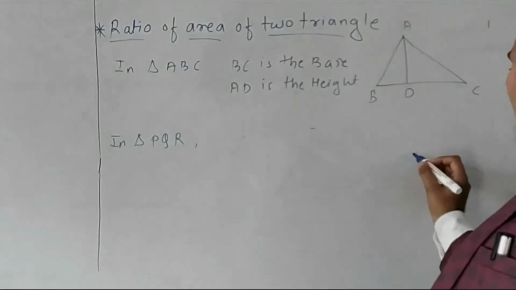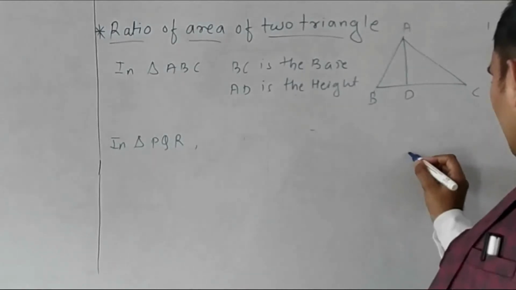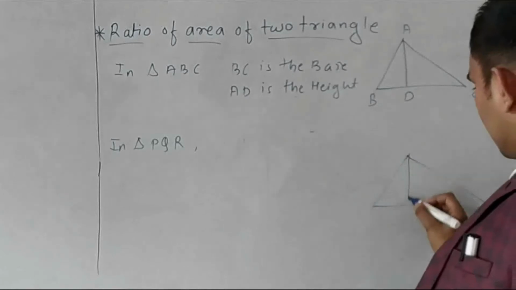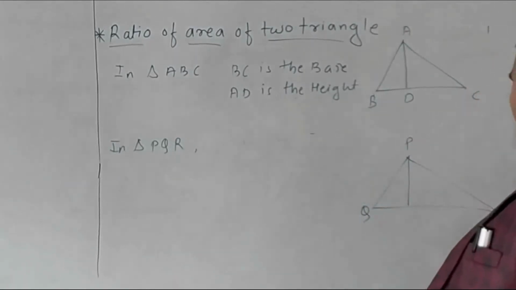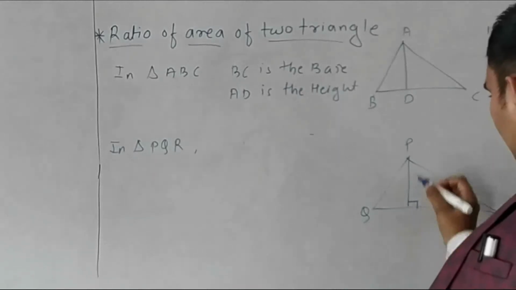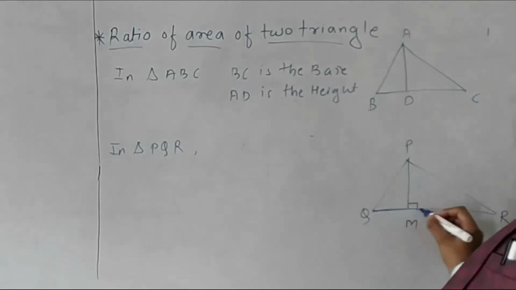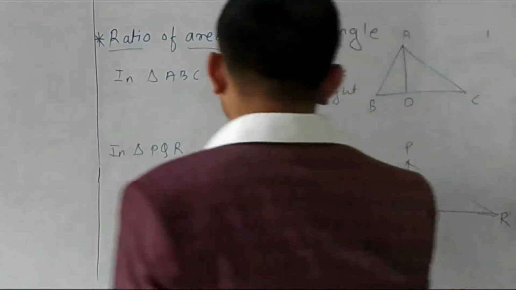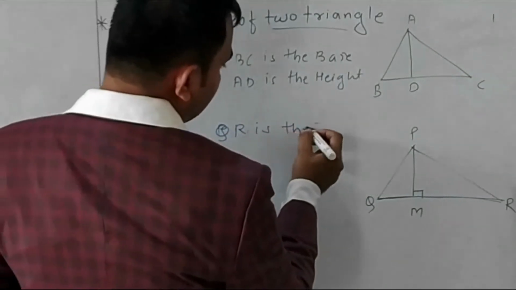In triangle PQR, take another triangle PQR, with the perpendicular to the base being PM. Here QR is the base and PM is the height.